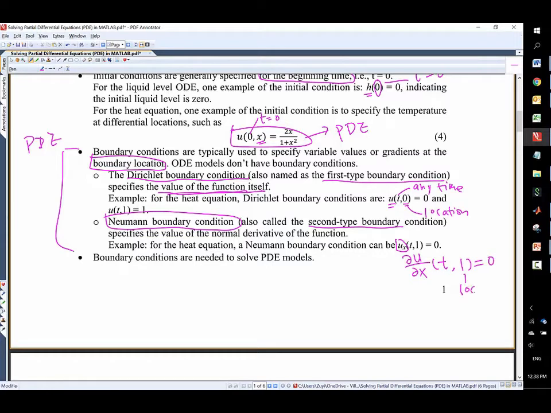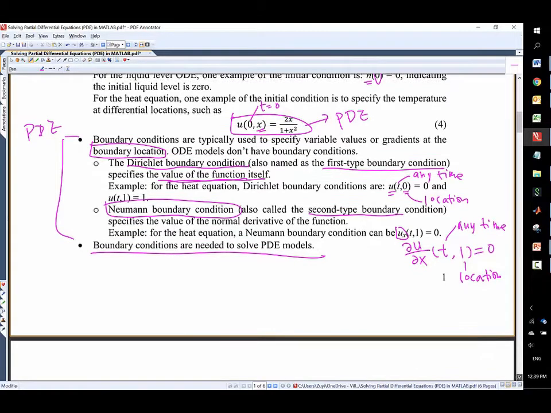Again, this is the location, and this means anytime. So at anytime, the derivative of u over x at the location 1 always equals 0, which means u does not change with x at that location. So this is called the boundary condition. Boundary conditions are needed to solve PDE.